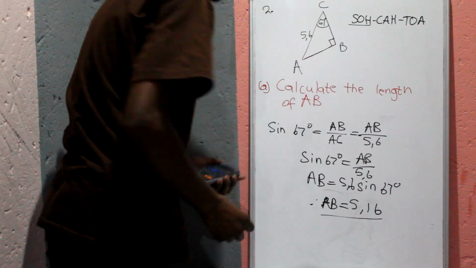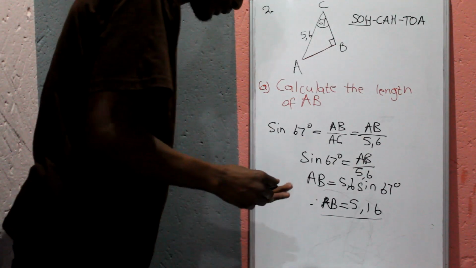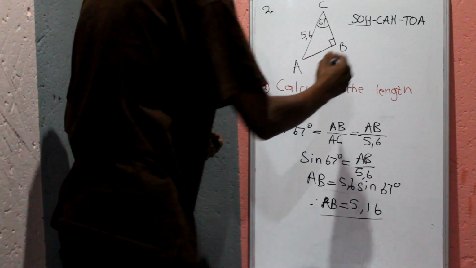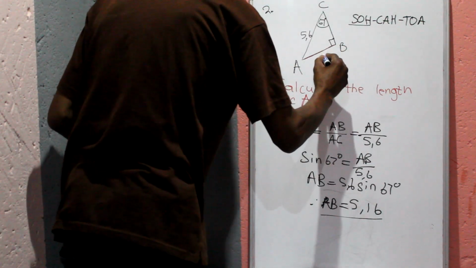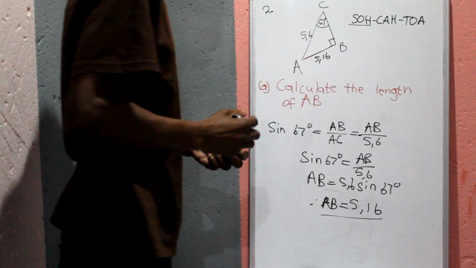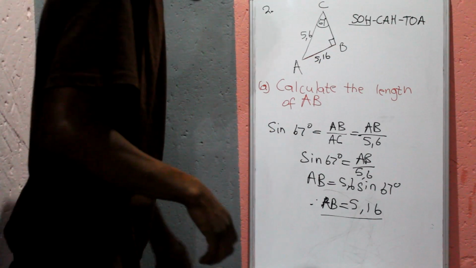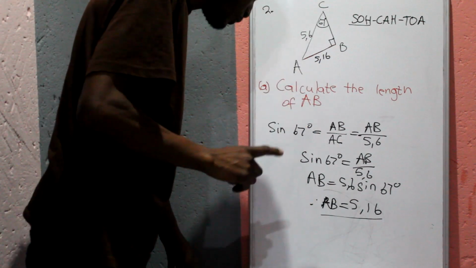So that will be your AB. Let me write AB here as 5.16 because I'm going to wipe off the screen so that we can do B of the same question.